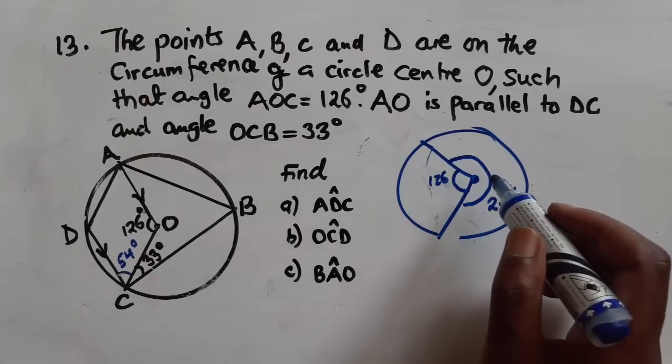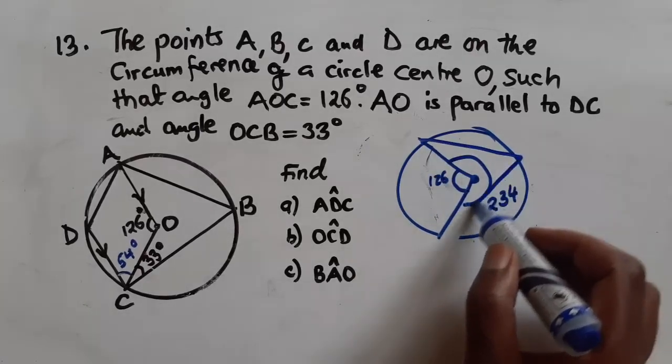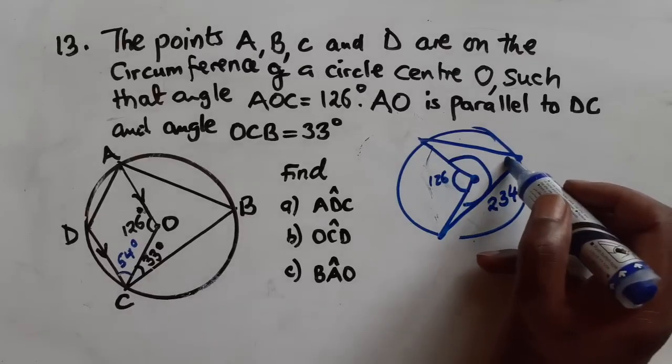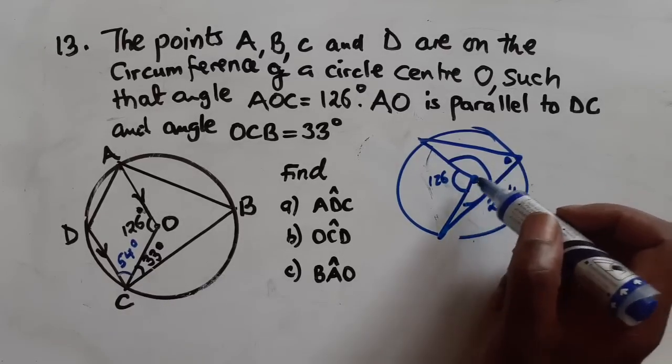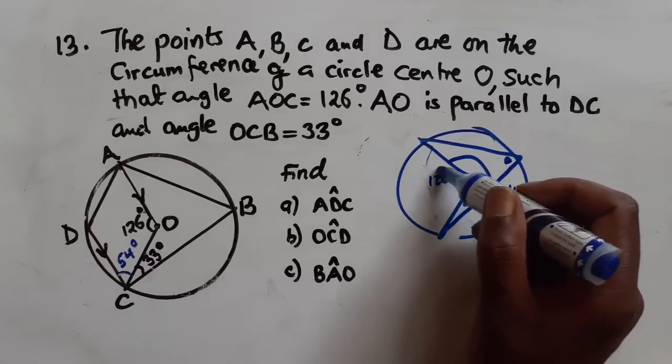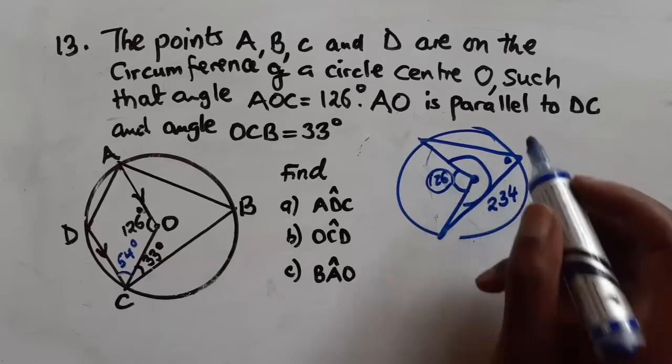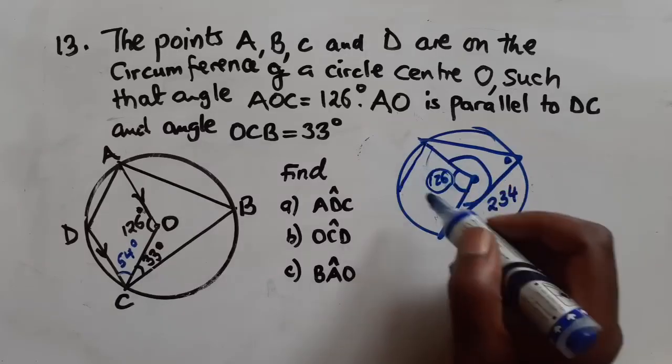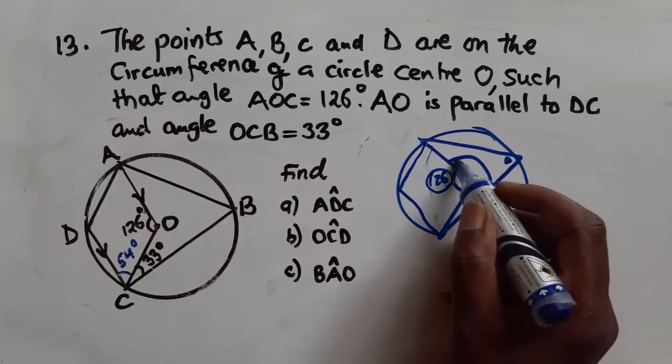Now I want you to understand something here. What do we say about this angle here? To get this angle, we say we divide this one by 2, isn't it? So similarly, to get the angle on this side here, we need to divide this angle at the center by 2.